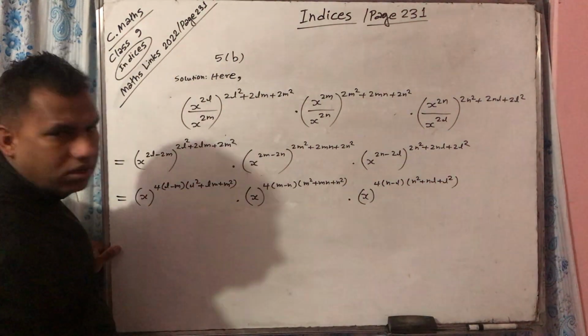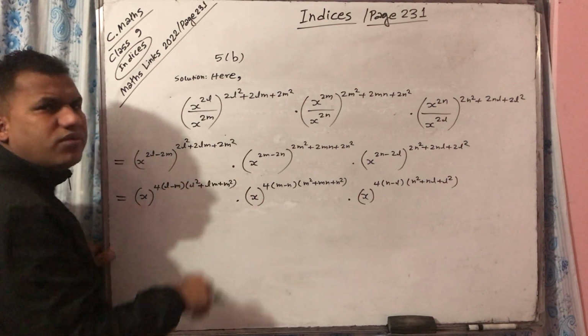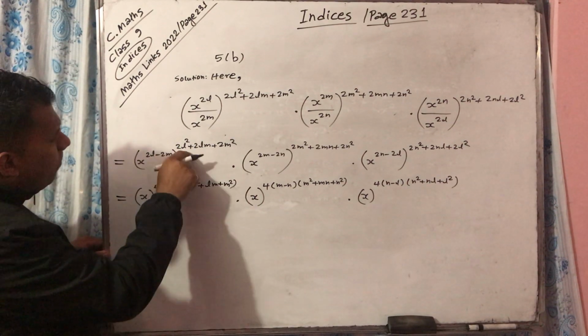Since 2 is common from each part, so 2 to the 4, the remaining part is that.